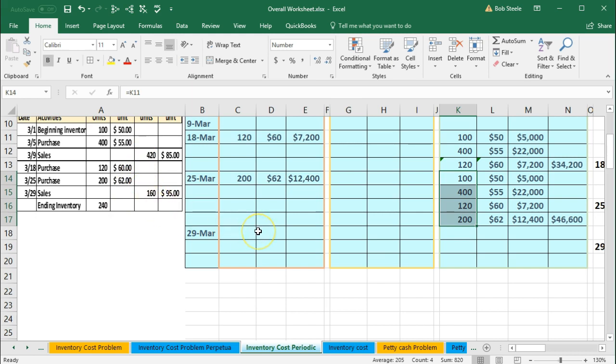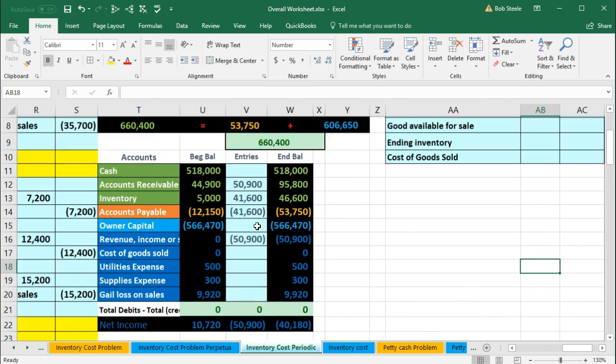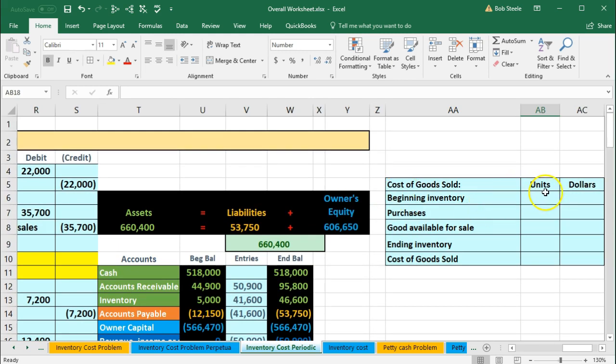So to demonstrate that more fully, we're going to see the cost of goods sold calculation. We'll perform the cost of goods sold calculation, and then we will make an adjustment to fix the ending inventory and to record the related cost of goods sold. So if we go to cost of goods sold, now we can represent the cost of goods sold formula two different ways.